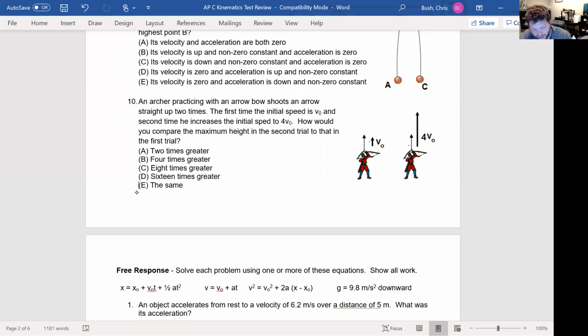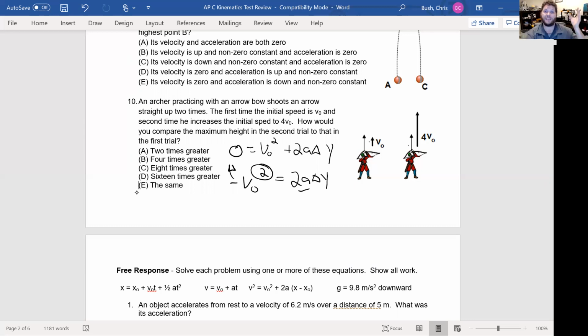So if we take a look at v squared, which is 0, equals v0 squared plus 2 times a times delta x, or in this case, delta y. We can move the v squared over to the other side. So look, your acceleration is going to be the same. So if I make this side 4 times bigger, and that 4 is squared, then the left side becomes 16 times bigger, right? 4 squared.